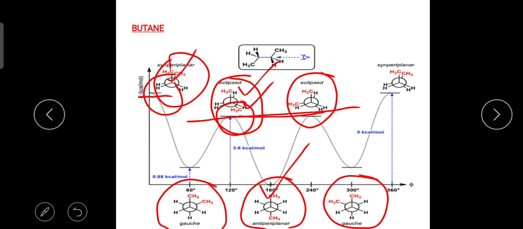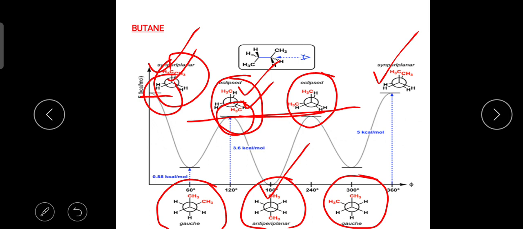The fully eclipsed structure, this one or this one, is the least stable, because the bulky methyl groups are close, providing maximum repulsion and higher potential energy. And the stability order of these conformers is shown in this figure compared to the energy profile diagram.